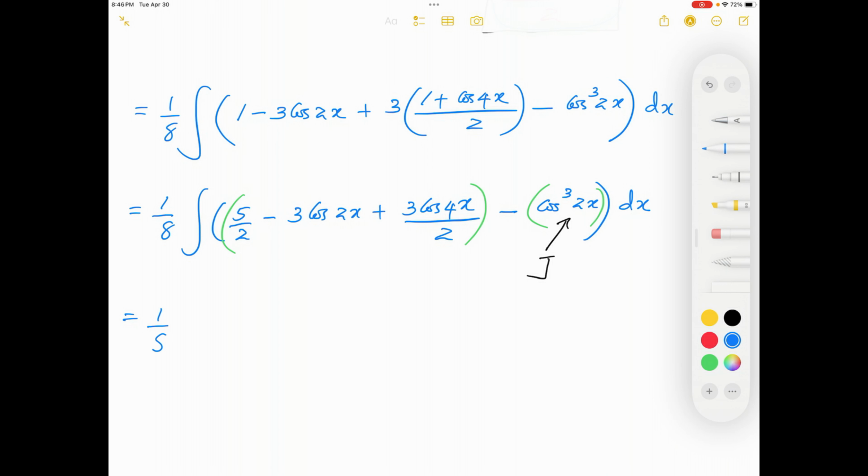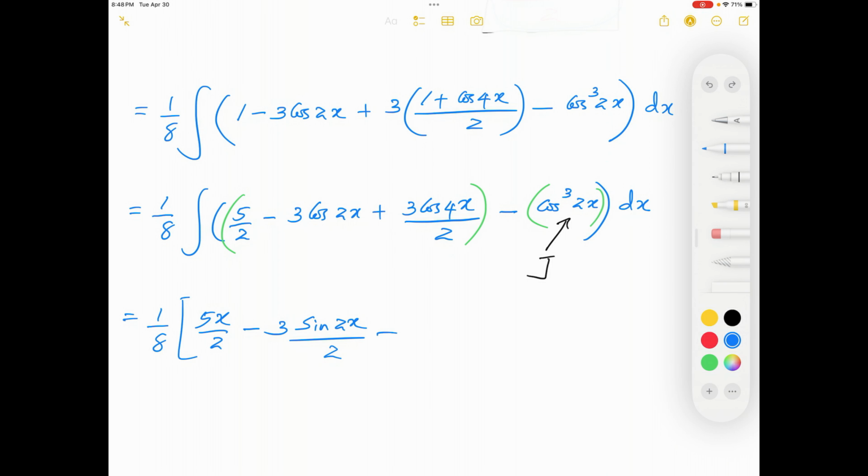We have a 1/8. When we integrate this first term right here, 5 halves, we get 5x over 2, and then we have minus 3 cosine 2x. It will become minus 3 times the integration of cosine 2x, which is sine 2x over 2. Therefore, this term becomes negative 3 sine 2x divided by 2. Alright, and then we have 3 halves times integration of cosine 4x.